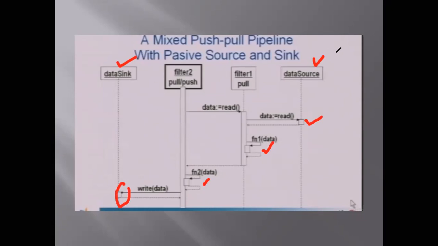Both the data sink and data source are passive, so the filters are taking the role of push and pull. Initially, when it initiates, it finds it's empty because the data is in the data source, and if the data is found from filter one, they will do the computation from filter one to filter two, and finally it will be returned to the destination.